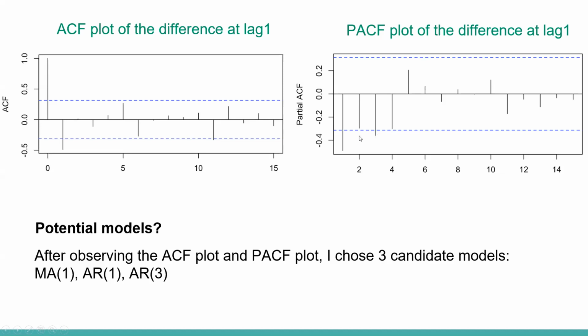Somebody else can also argue that it cuts off after lag 1, which is why I'm saying it's AR1. Another person can say, no, look at this guy here, it actually cuts off after lag 3.